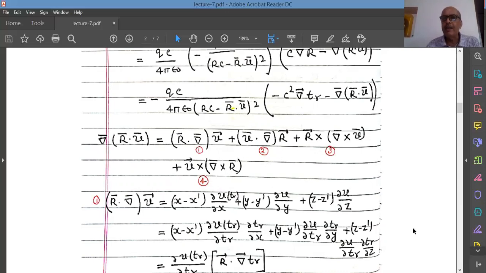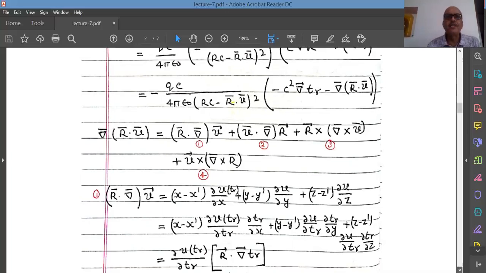Now I will be calculating each and every term, and after the calculation is over, I'll substitute all those terms here to find the value of gradient of R dot v, and then we will substitute it here so that we will have the value of minus gradient of v, and that will complete 50% of the calculation for E.